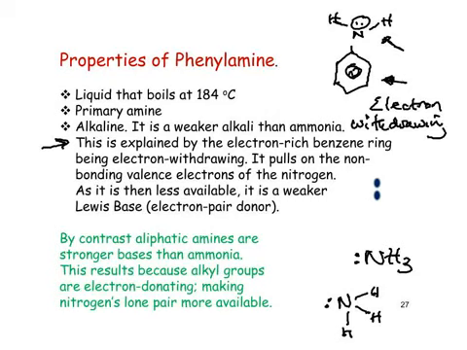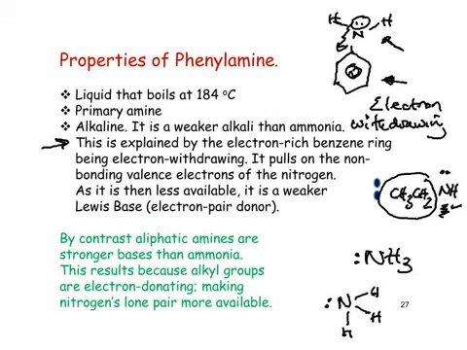In the case of phenylamine here, because the benzene ring is electron rich, it tends to pull on this, making it less available and a weaker base. If we compare that with something like CH3CH2NH2, in this case an alkyl group is attached to the nitrogen with the lone pair.